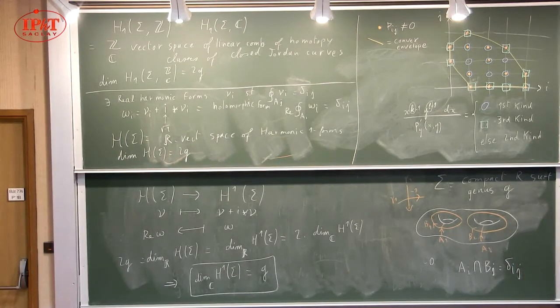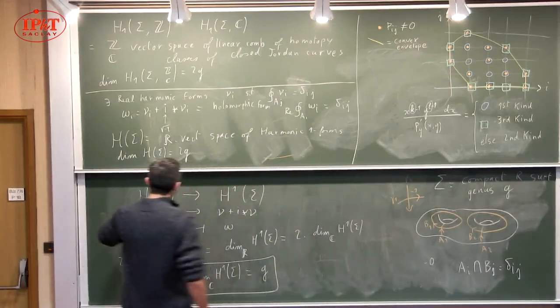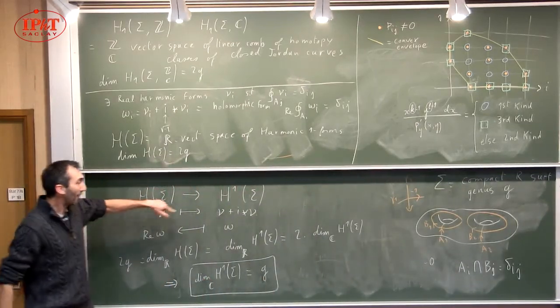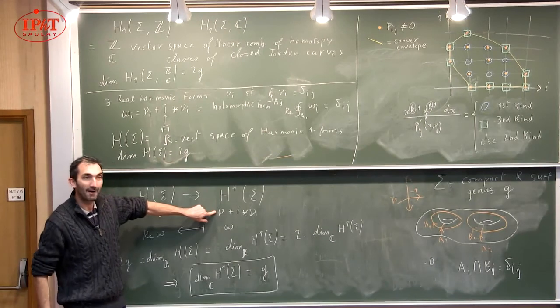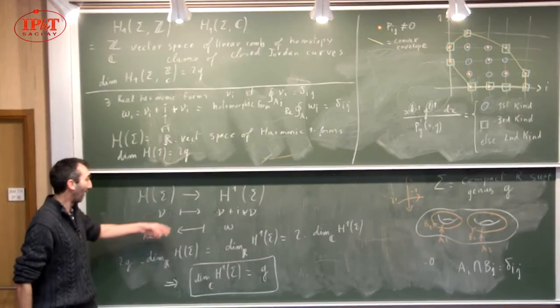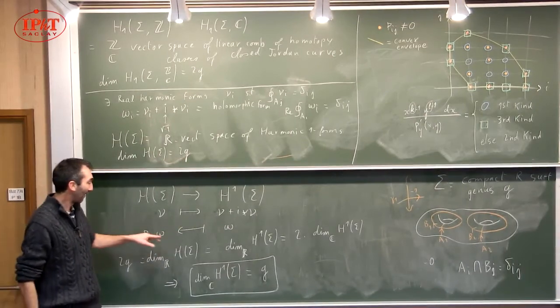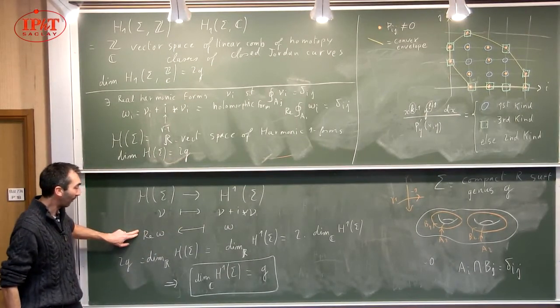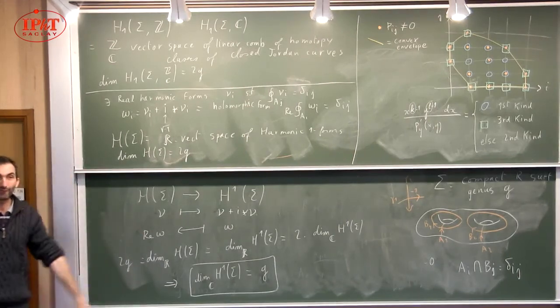Question: do real harmonic forms correspond to complex holomorphic forms? Well, whenever you have a real harmonic form, you can construct a complex holomorphic form by doing that. And in fact, real harmonic forms are the real part of complex holomorphic forms.